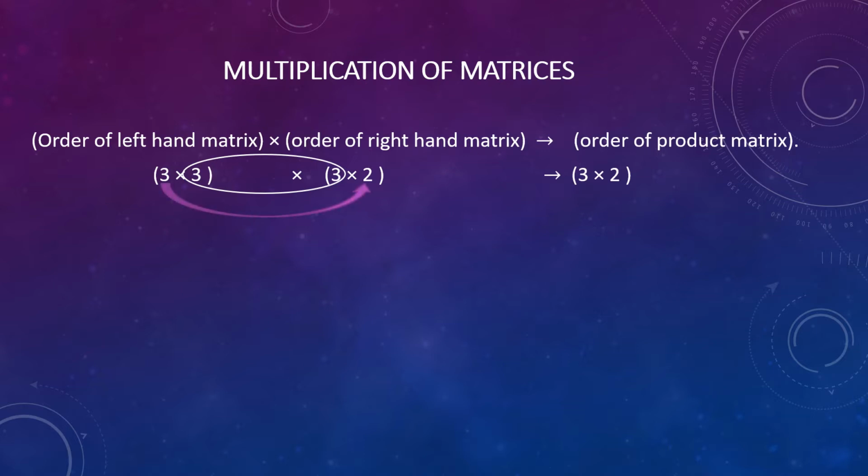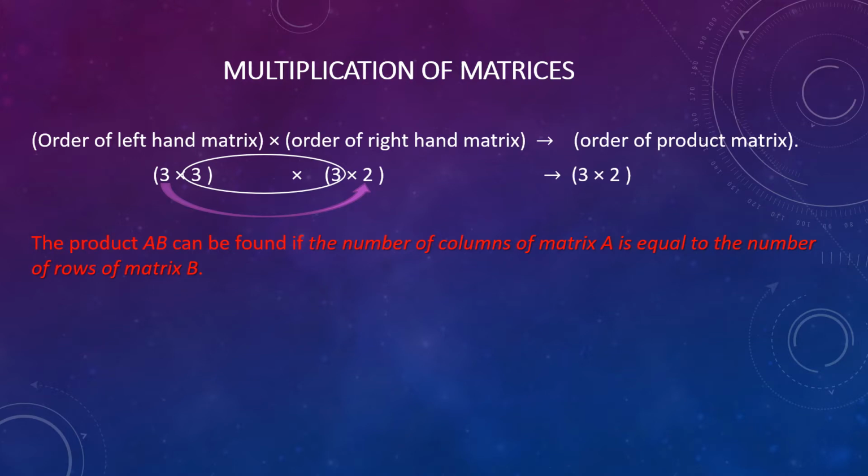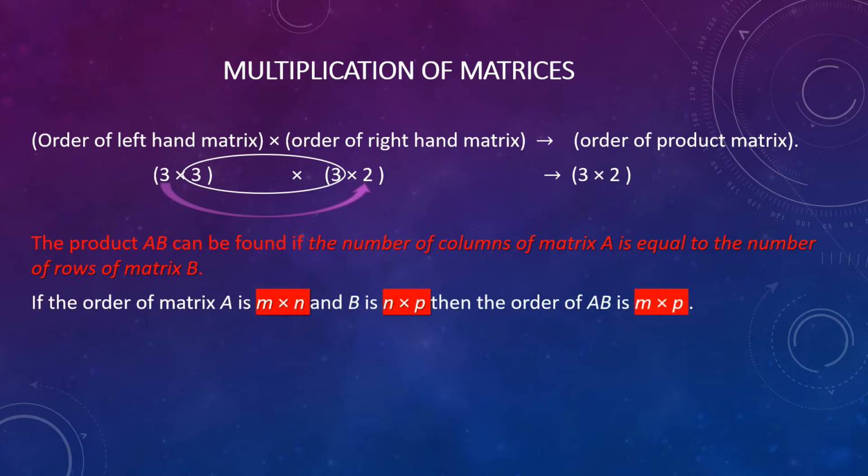Then the product matrix order is the first matrix row number and the second matrix column number. That is, the product AB can be found if the number of columns of matrix A is equal to the number of rows of matrix B. Then only we will do the product.